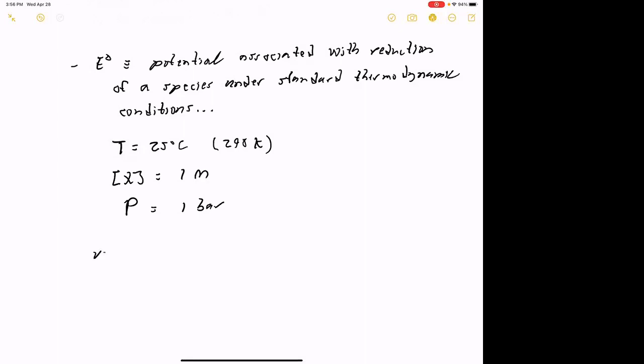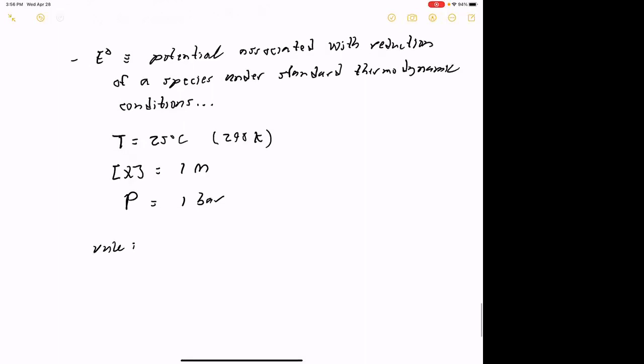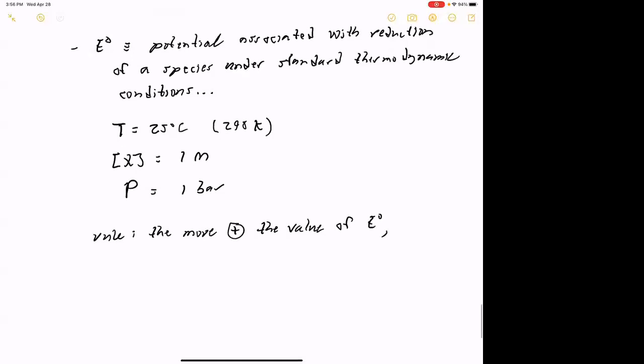Okay, so what's our rule? We talk about trying to develop a pecking order here, right? So here's the rule. The rule says the more positive the value of E0, the more readily a species is to be reduced.